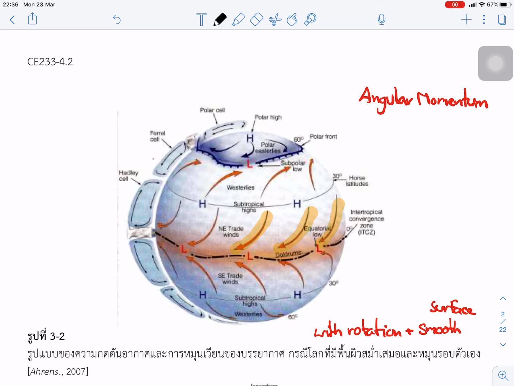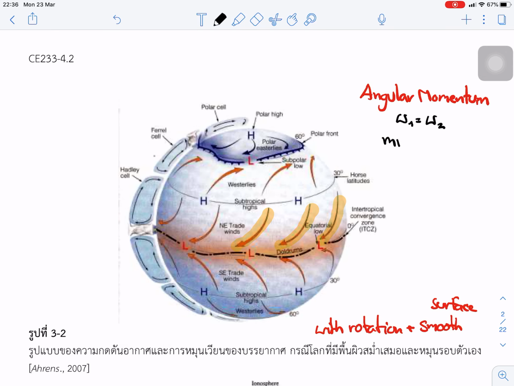Angular momentum means mass times R1 times V1 is equal to mass times R2 times V2. This is the concept that angular momentum is constant.